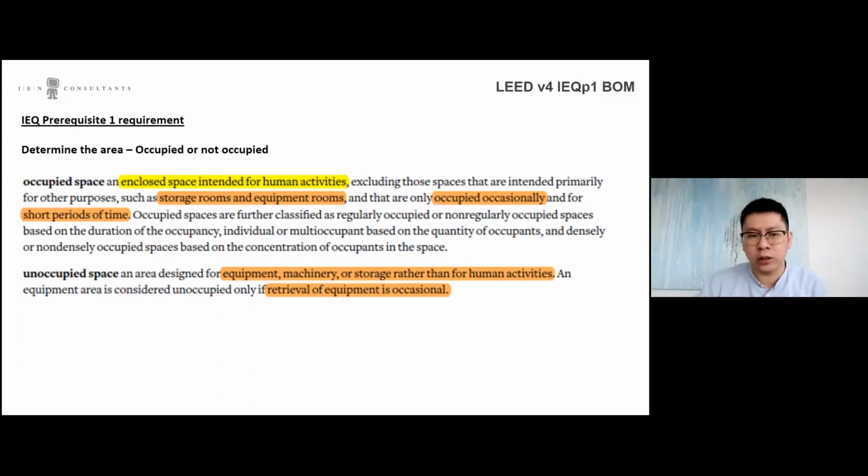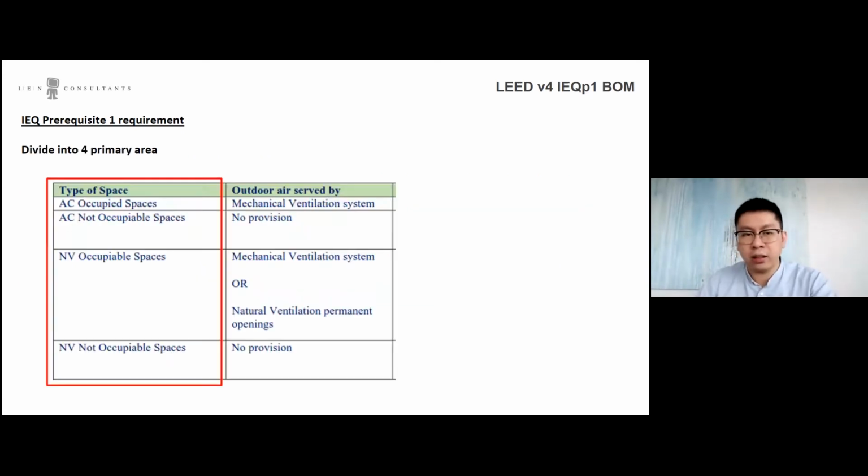For example, equipment, machinery, storage, or rooms you just go into to get some equipment out. All these are unoccupied spaces. With that, we have to divide the area into four types of spaces: air conditioned occupied space, air conditioned not occupied space, naturally ventilated occupied space, and naturally ventilated not occupied space.